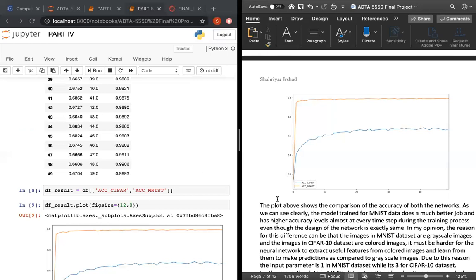And it might be a lot simpler for the neural network to extract features from the grayscale image.